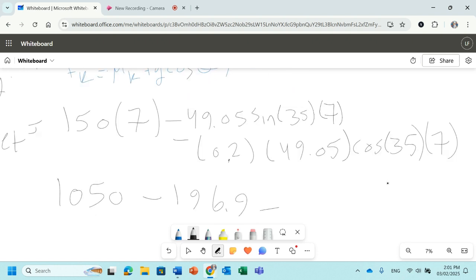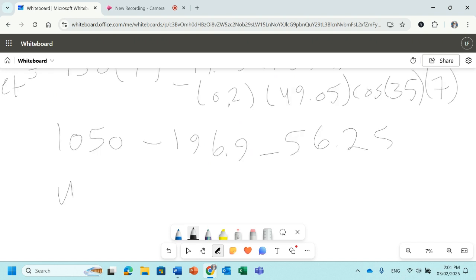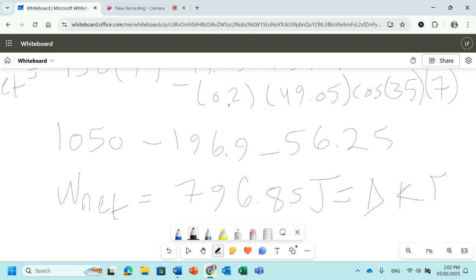If you plug all these numbers in your calculator, you should get 56.25. W net, the net work, will be 796.85 joules, and this will be the value of the change in kinetic energy.